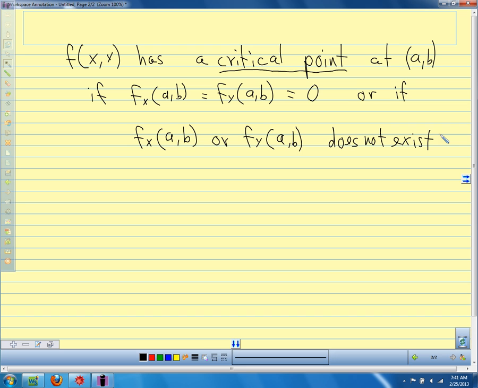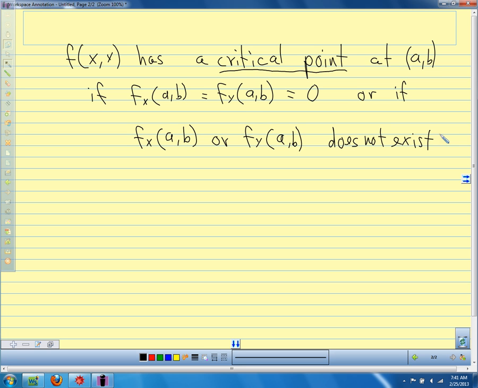So really the only difference with our definition of a critical point is that we have both the first partials equal to 0. For a function of a single variable, we just have one derivative to worry about. With a function of two variables, we have two first partials to worry about. So our critical points are when both of those partials are equal to 0, or one or the other, or both don't exist.